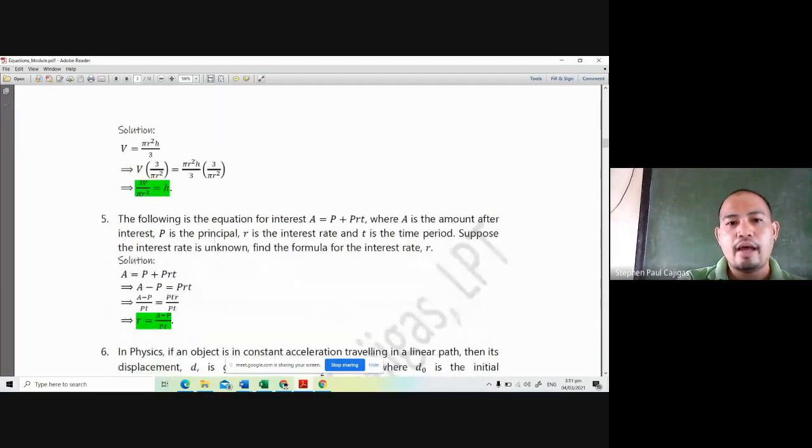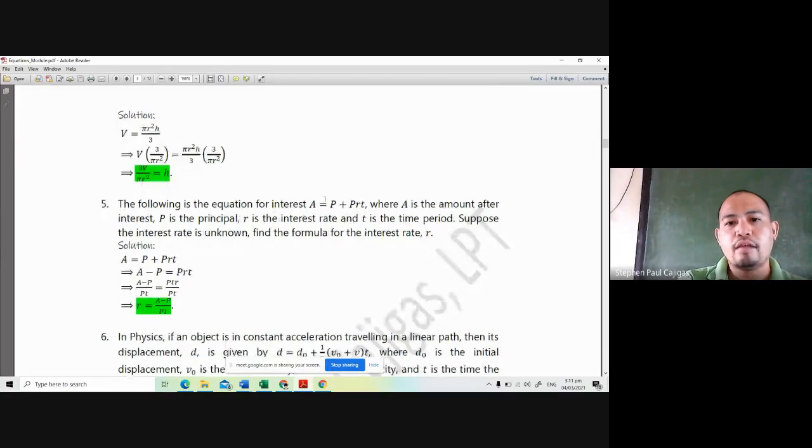And then we also have here the equation for interest. A is the amount after interest, P is the principal, R is the rate or the interest rate, and then T is the time period. So if we are given already the A, the P, and the T, how will we express the equation if we want to find R? So amo yun itong process.